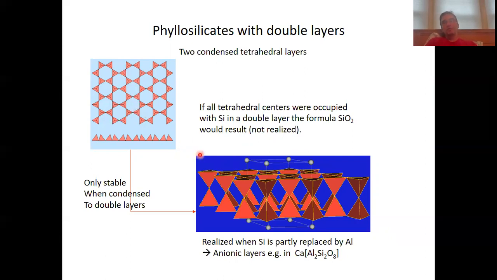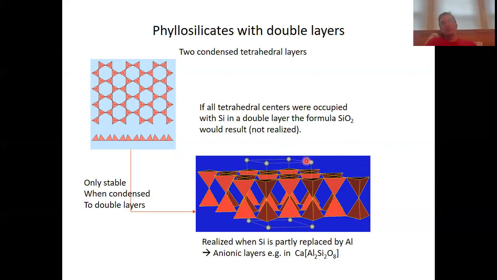All right. Now, this would actually realize this kind of structure here, in which basically one single layer in which the tetrahedra point up would be fused with another single layer in which the tetrahedra would point down. So now that leads to the fact that you actually remove all the negative charges from the structure, because now all the terminal oxygens become bridging oxygens.